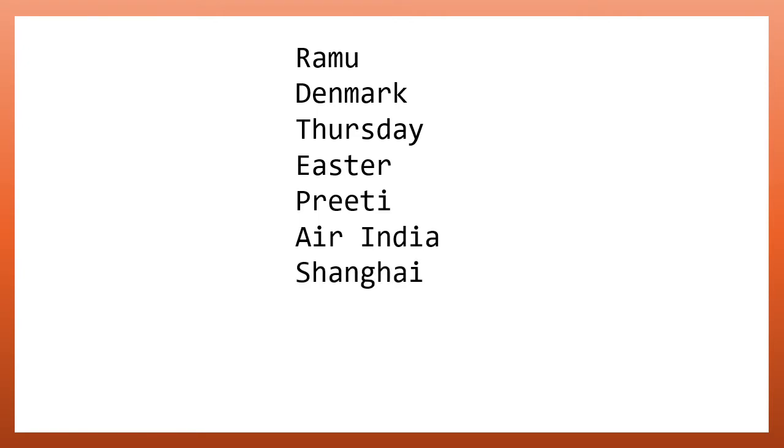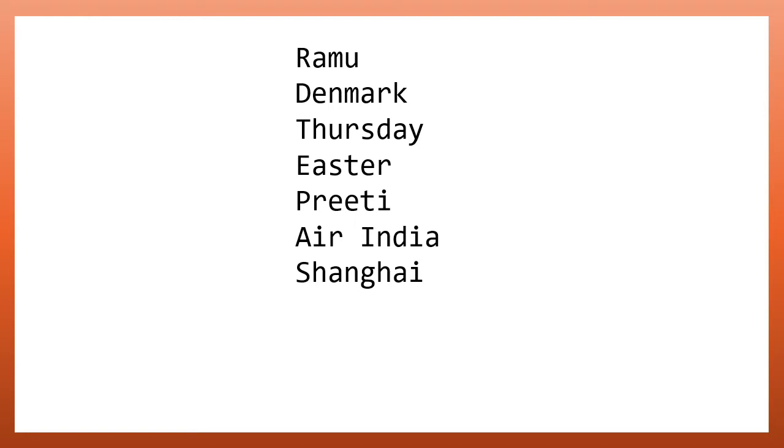Thursday, the day of the week. The day of a week is also written in capital letters. Easter is one of the important and famous festivals. Easter, E is capital. Preeti, P is capital. Air India, A is capital. Then comes Shanghai, S is capital.